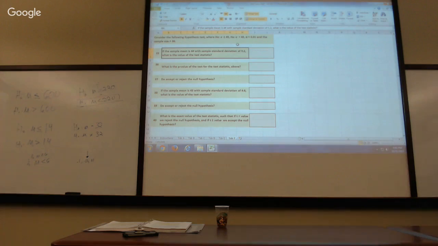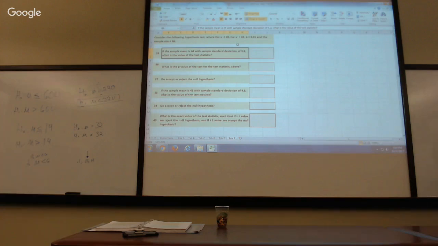Just real quick, I'm sorry, I'm just trying to wrap my mind around it again. The p-value, we reject if the p-value is less than our alpha. Yep. So p-value, if it's less than, we reject. And then if we're doing a t-test or a z-test instead of a p-value test, if the absolute value of our test statistic is greater than the absolute value of the critical value, then we reject.